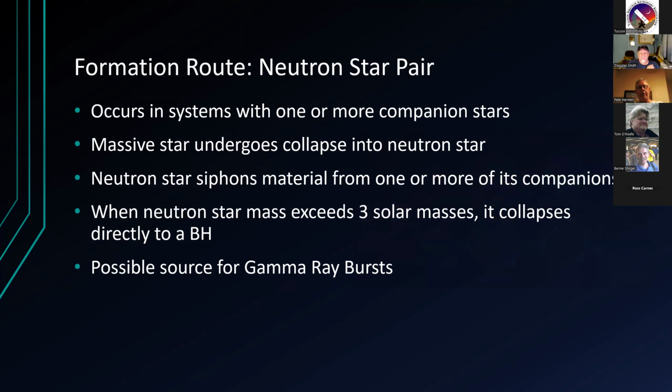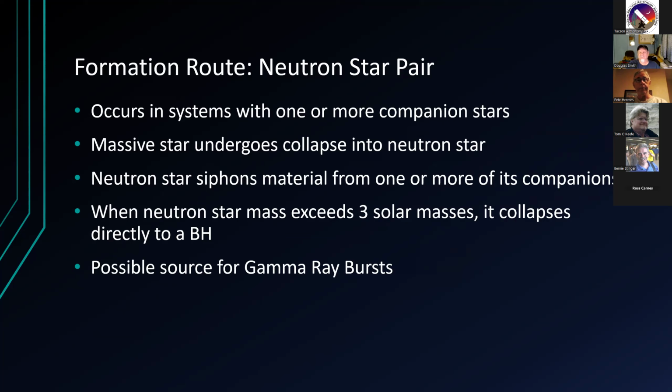So one way that a black hole can form besides the supernova is what's known as the neutron star pair, which occurs in a system with one or more neutron stars. A massive star will undergo core collapse into a neutron star.